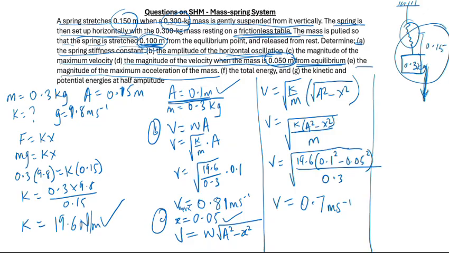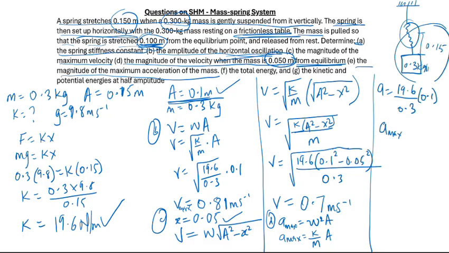To find the maximum acceleration, we know that a max equals omega squared A, and omega squared is actually k over m, times A. Then if you plug in our values, k is 19.6 over 0.3 multiplying by our amplitude, which is 0.1, and our a max will be equal to 6.53 meter per second squared.